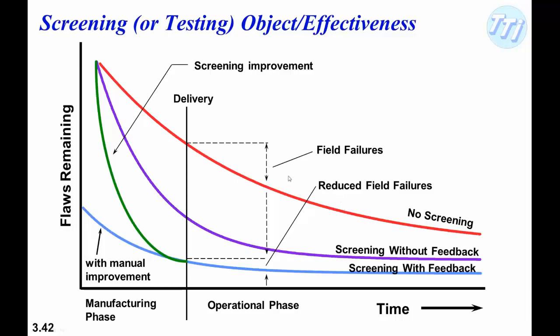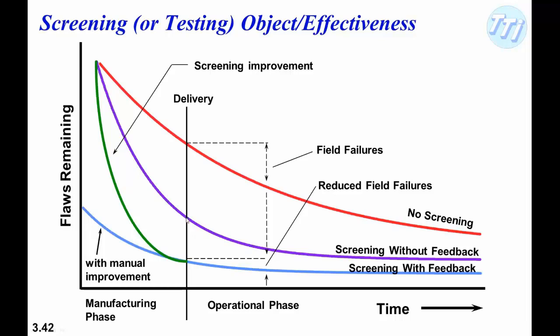This is the expected operational life, probably the warranty life of the device. What we want to do is push the number of failures during the warranty down to a minimum. Of course, if we're a really good guy, we want to push the failures out a whole lot longer, but the primary objective right now is to make sure that we have relatively few failures during the warranty period.